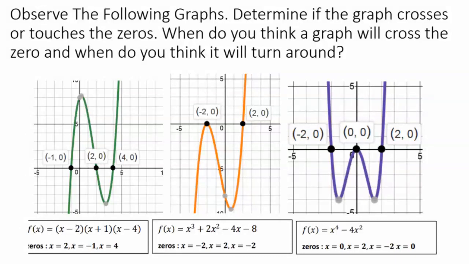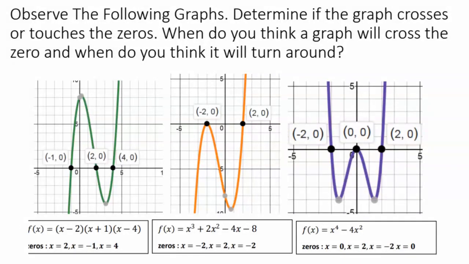But if we look at this other example, the one in orange, we have a graph that is increasing, but then it touches the x-axis. This is considered an intercept at (-2, 0), but it doesn't cross it. It bounces back, turns, and then it crosses at (2, 0) completely, right?